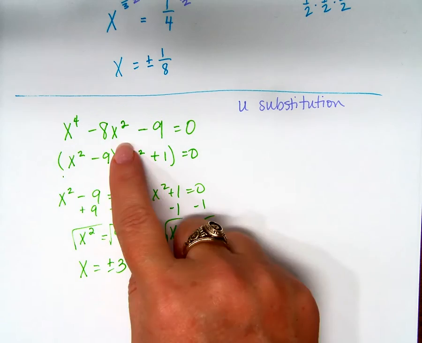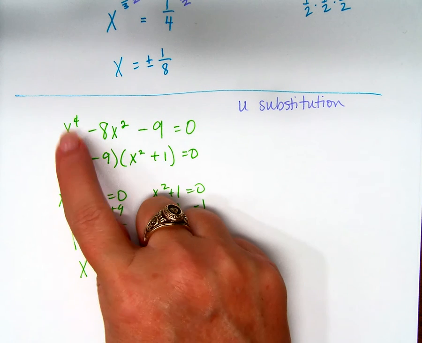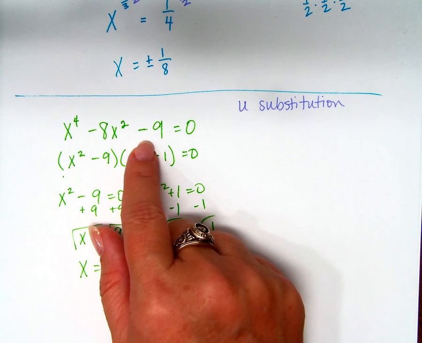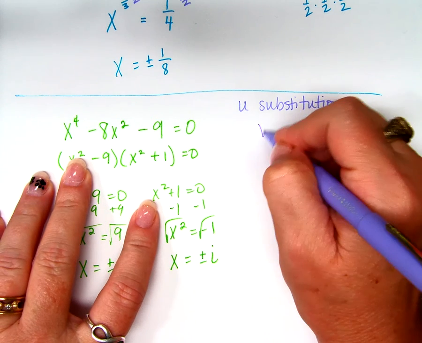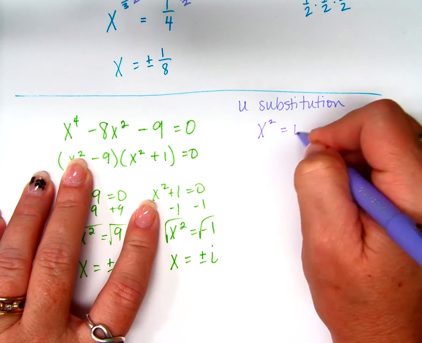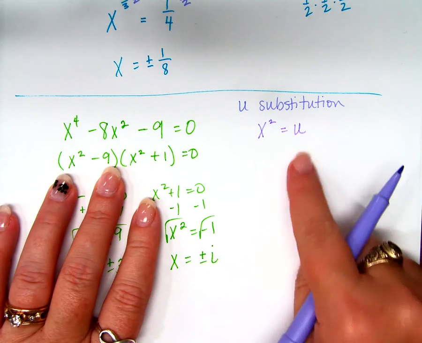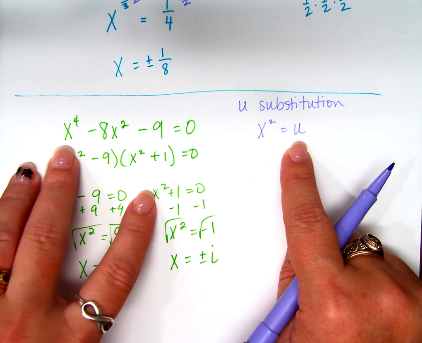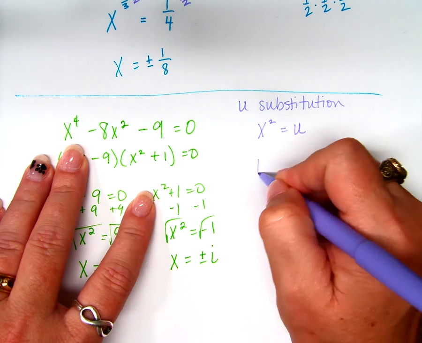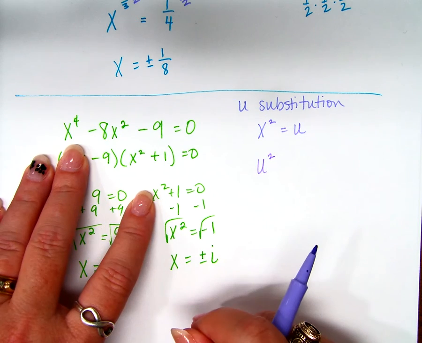Okay? In this particular problem, what I want is something squared and something, and then the constant, because that's a quadratic. That's what I'm used to solving, right? So I could say from the very beginning, x squared is going to equal u. And anywhere there's an x squared, I'm going to substitute a u. Well, that means this term right here would be u squared, right?